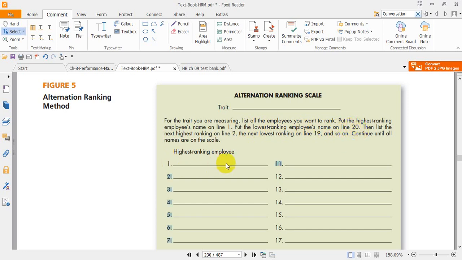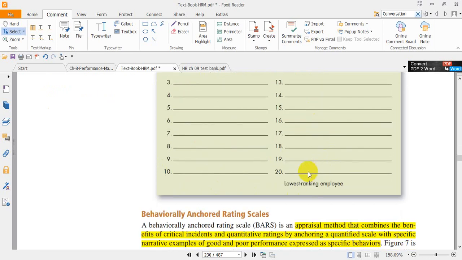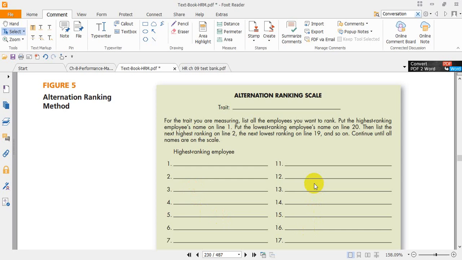So here we put the highest ranking employee, and here the lowest one, and in between we rank all employees.